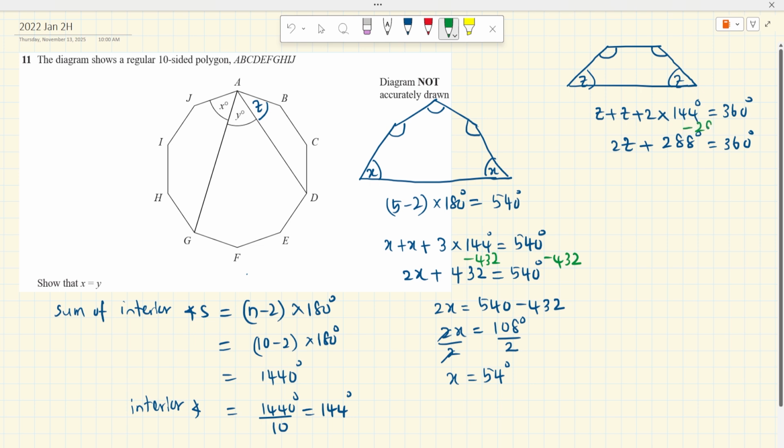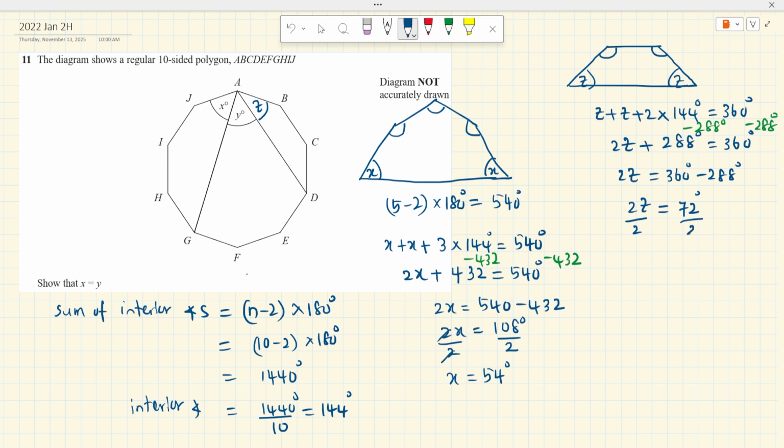And I have to subtract 288 from both sides. 2Z equals 360 minus 288, that is 72. Both sides divide by 2. Z equals 36.